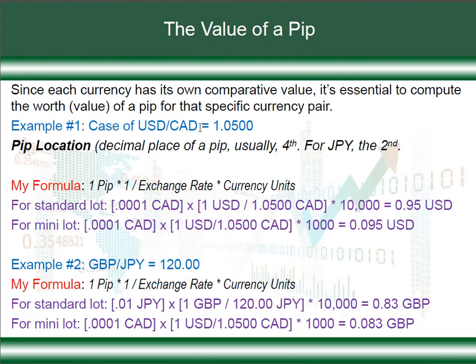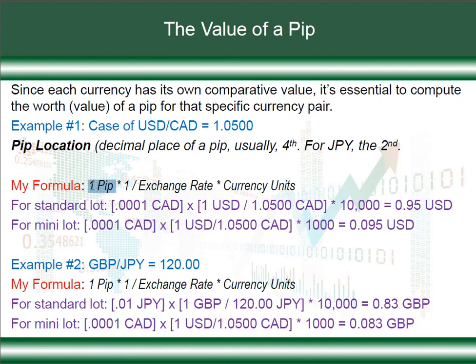Let's consider you are trading USD CAD with an exchange rate of 1.0500. Reminding you, this simply means for 1 USD, if you want to buy 1 USD, you will have to spend 1.0500 Canadian dollars. Are we there? Great. Now, in a case like this, you want to know the pip value. So in this case, you take 1 pip. This is my own formula.